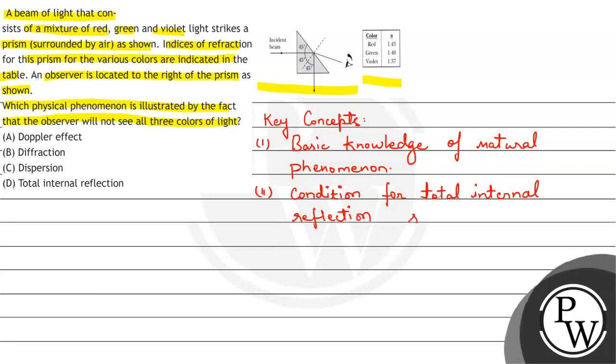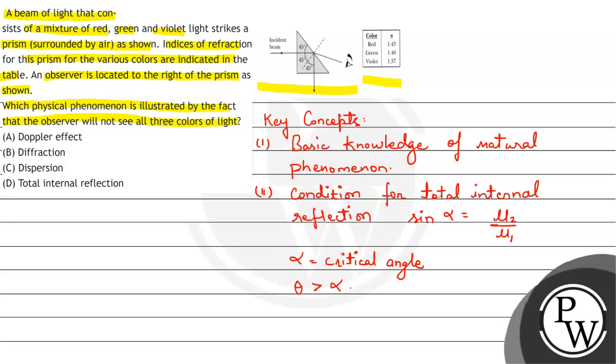We have sin alpha is equal to mu2 upon mu1, where alpha is the critical angle, and the incident angle theta must be greater than alpha, which is the critical angle. So this is the condition for total internal reflection.